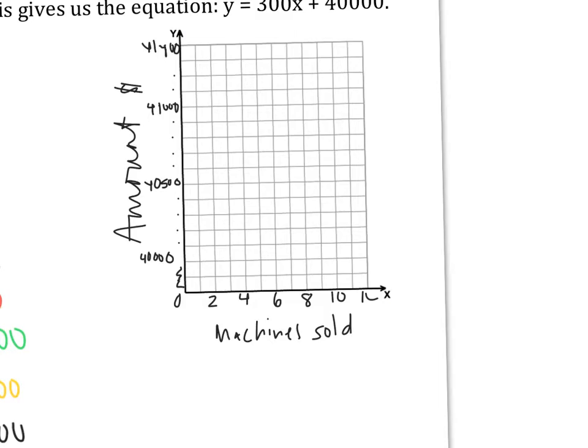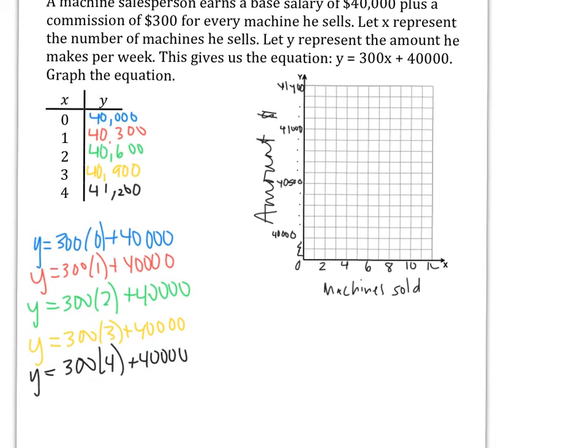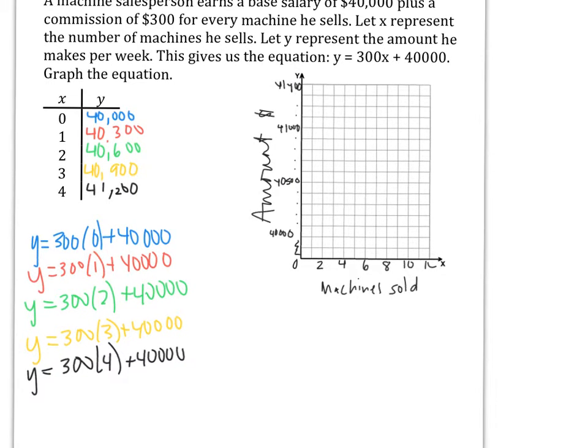So I'll zoom out here. And I need to graph 0, 40,000, so right about there. And then 1, 40,300. So that's going to be right there. 2, 40,600. 3 is 40,900.